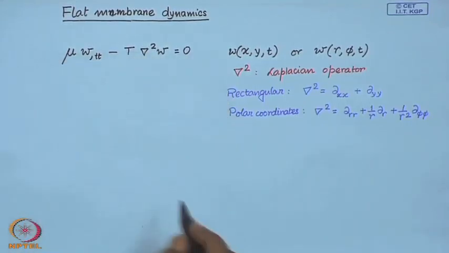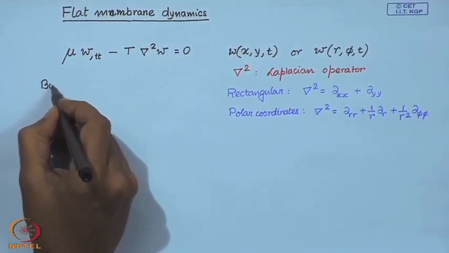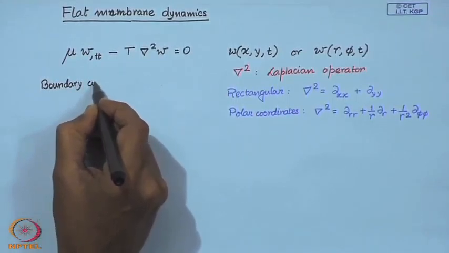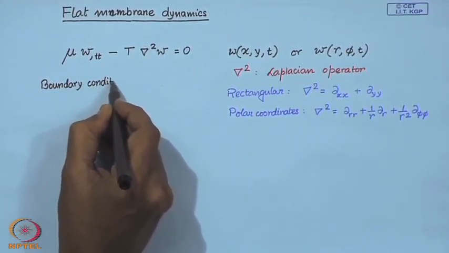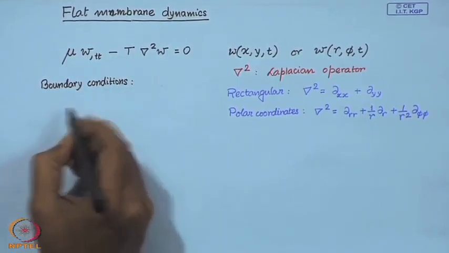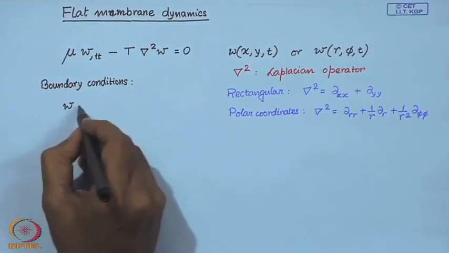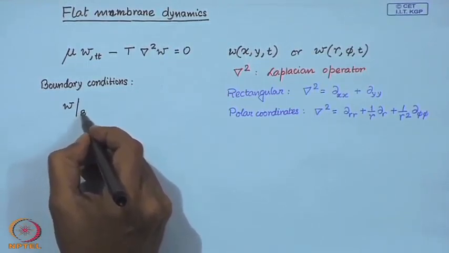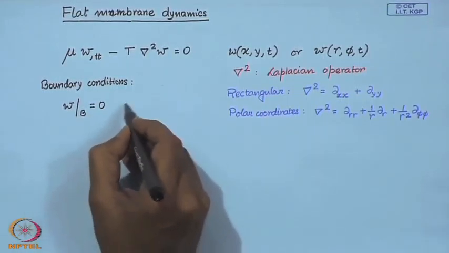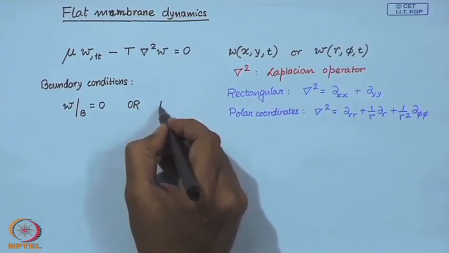and along with this we have boundary conditions. So, we can have a fixed boundary or a sliding boundary.